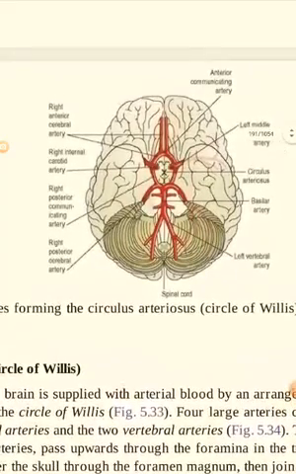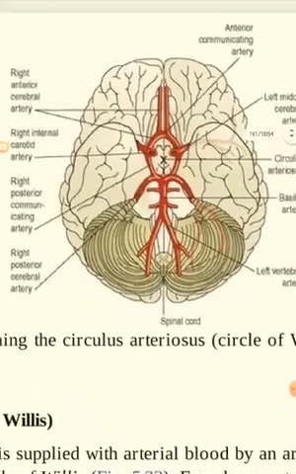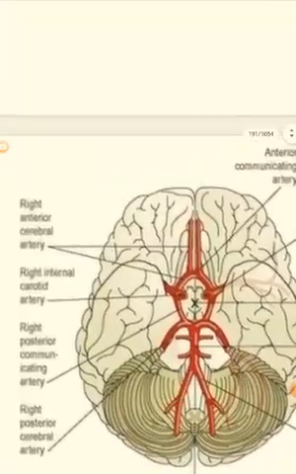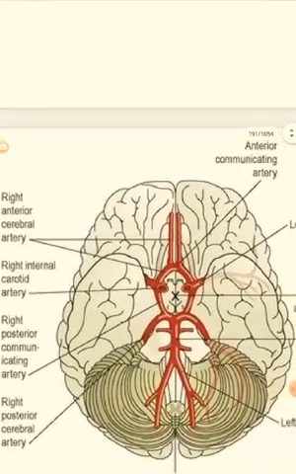Anteriorly, you can see there are two arteries called the anterior cerebral arteries, one on the right side and the other on the left side. So we have the right anterior cerebral artery and the left anterior cerebral artery, and they are joined together through an artery called the anterior communicating artery.